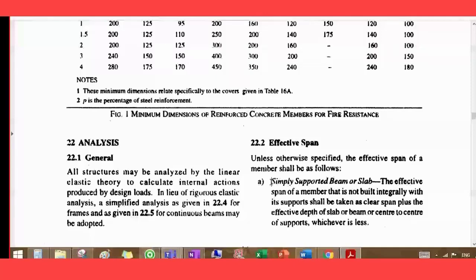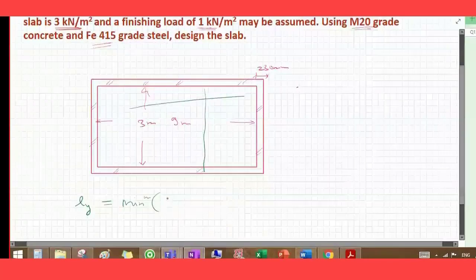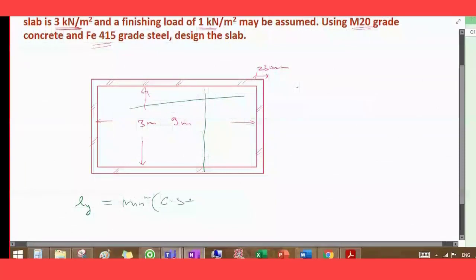The effective span of the member is the clear span plus the effective depth of the slab, or center to center of supports, whichever is less. Following this, I can write Ly as the minimum of clear span plus d, comma, center to center distance.